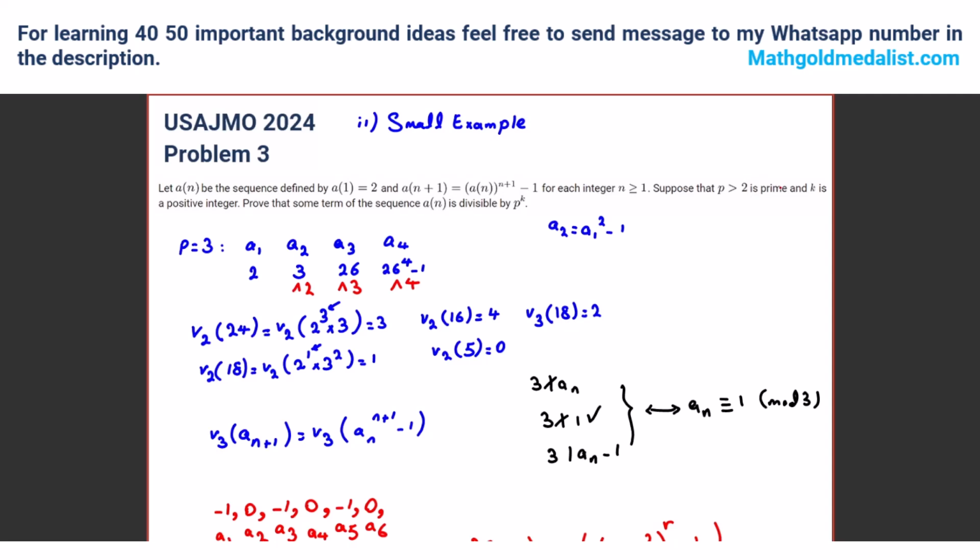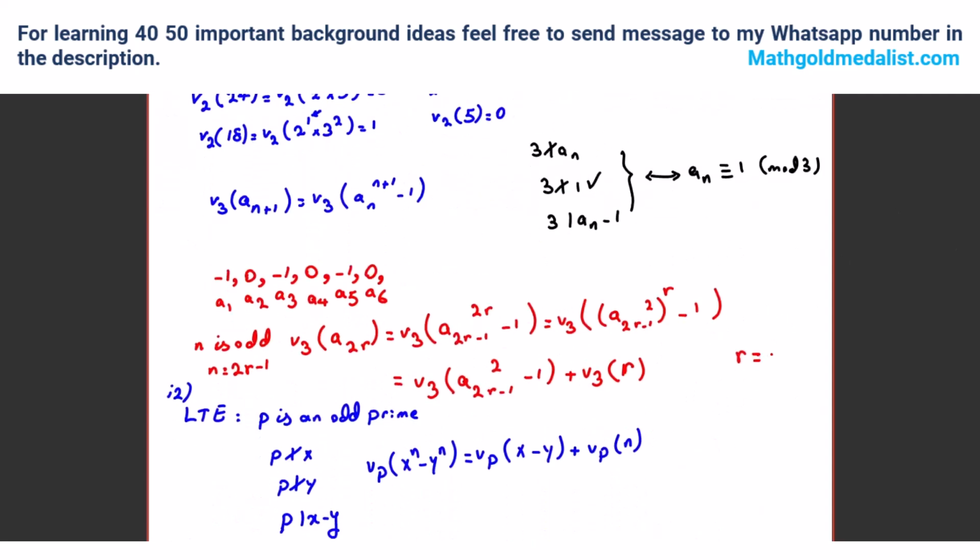Okay. Suppose r is a multiple of 3. It says for any power of 3, for example, any power of p, like k, prove that there exists an element. So if we define r as 3 to the k, it will be what? V3 of this is at least k. And also we can say k plus 1 because it is also a multiple of 3. So this one is a multiple of 3 to the k because v3 of that is at least k plus 1.